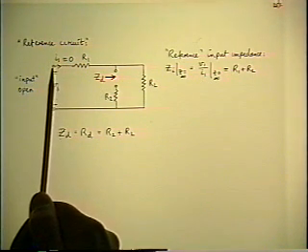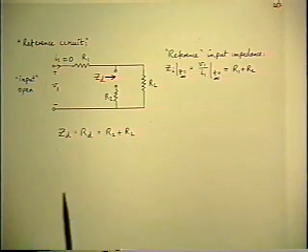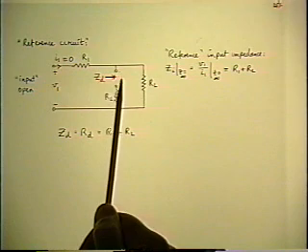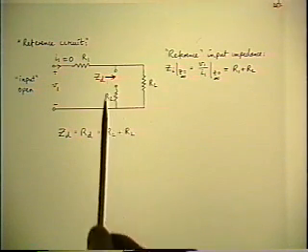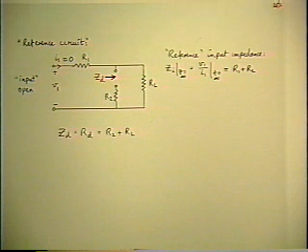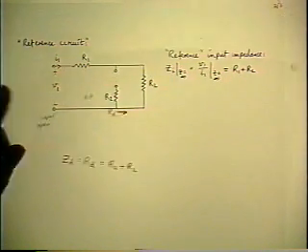So when I1 is 0, R1 is dangling, doesn't do anything, and the driving point resistance is simply the resistance looking around that loop, which is R2 plus RL. So that's the first calculation.